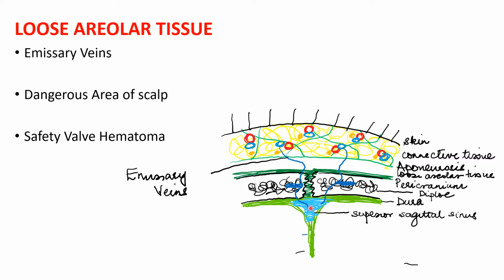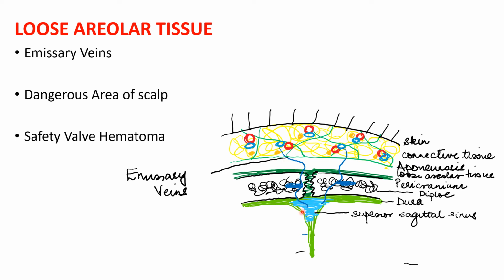So why are they there? In case there is a thrombosis in this sinus due to infection or inflammation, there is this alternate way of drainage of the blood, which can go from the intracranial tissue to the extracranial.